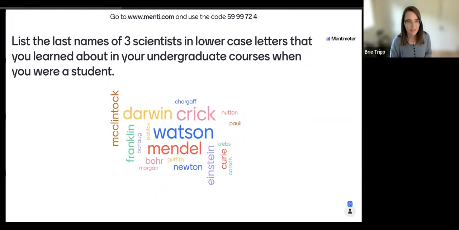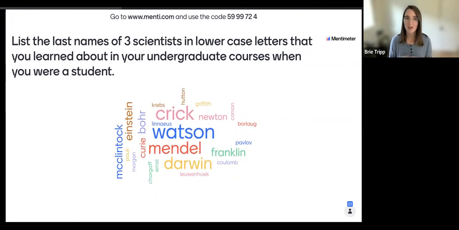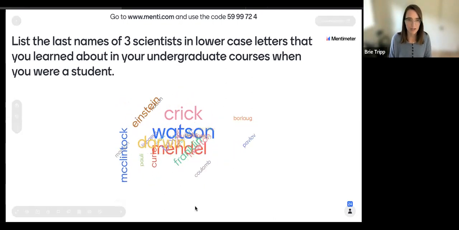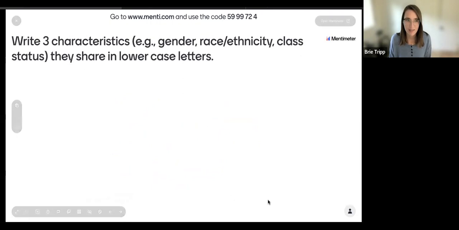If you look at the word cloud, we see larger words for people that have had similar experiences learning about these scientists. The smaller words are less common, at least the least common ones that people wrote into those 3 categories that you had space to write into. Let's go ahead and go to the next slide.